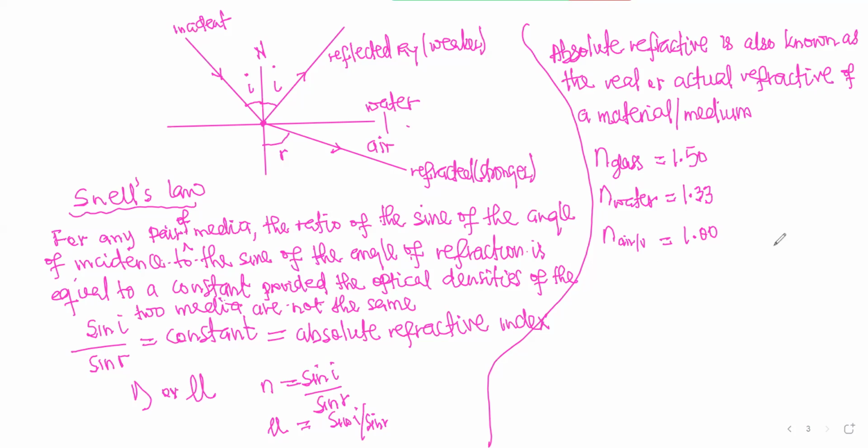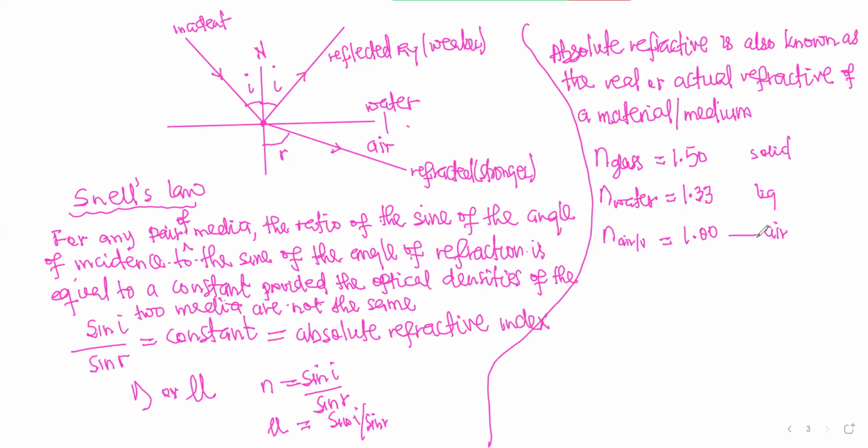Look at air: 1. Water is liquid, and its refractive index is greater than that of air. And then glass is solid, and its refractive index is greater than all of them. So refractive index actually goes with density. If the material is denser, its refractive index must also be greater.